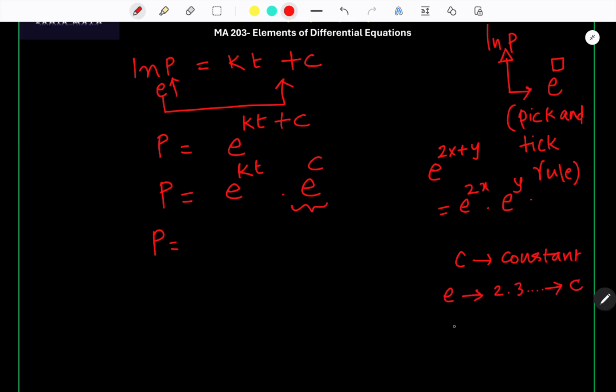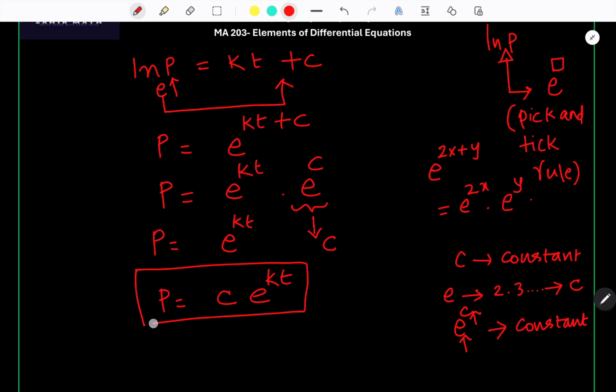So e power c, number to the power number, both are going to be constant. Instead of having two letters e and c, we can make it a single c. So p equals c e power kt is the solution of the population growth differential equation.